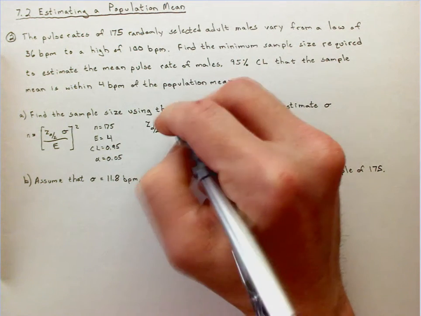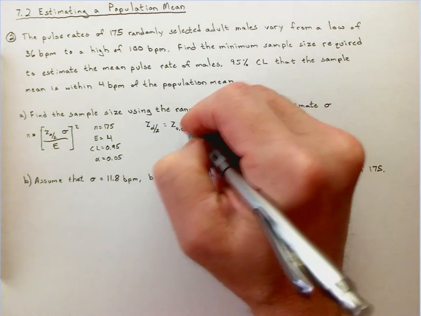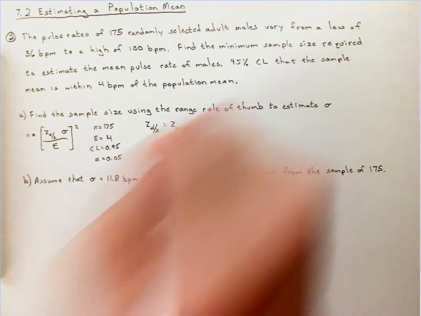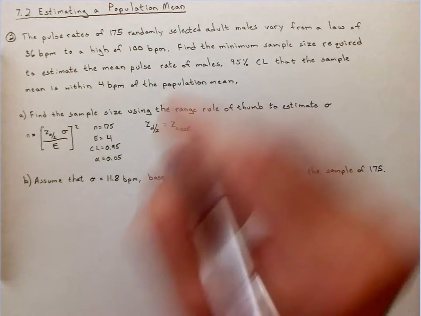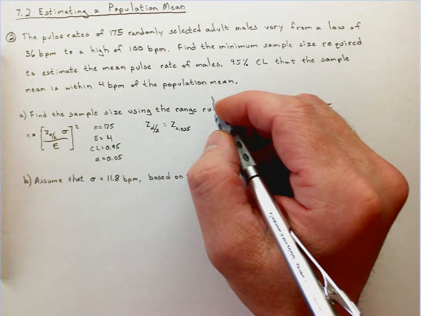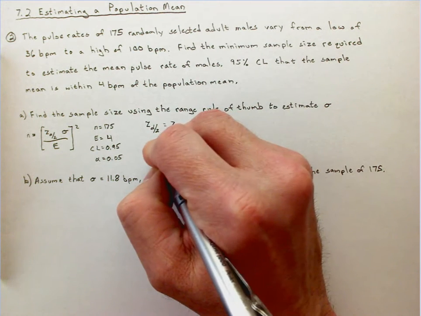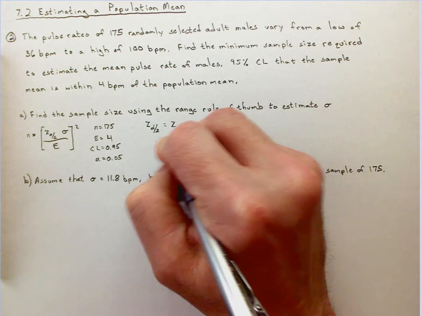And this is what I'm looking up, 0.025. I'm going to use symmetry with it because remember, this is a probability that's going to give me a negative score. I am interested in only the right tail, so I want a positive z-score, or I could just look up on my table and find the critical value for a 95% confidence level. But what I know is that my z-score is going to be 1.96.